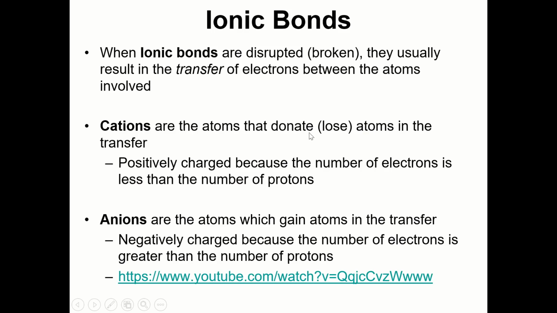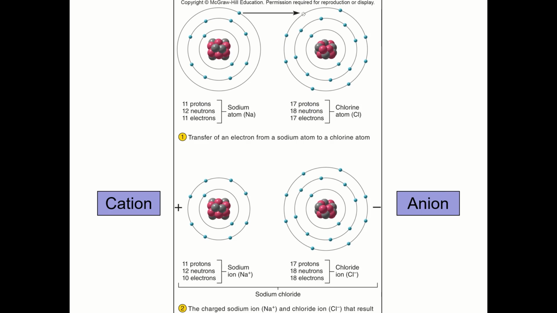So, of course, this exchange results in cations, those that are going to lose an electron, thus having more protons than electrons, giving the atom an overall positive charge, or could result in anions, those that are going to be negatively charged because they gain an electron typically, meaning the number of electrons is going to outnumber the number of protons, giving them an overall negative charge.